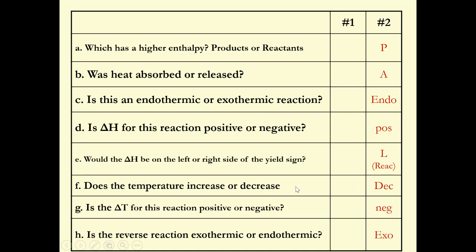If we are taking heat away from the environment and turning it into stored chemical energy, the temperature decreases. Is the delta T positive or negative? A low final temperature minus a higher initial temperature gives us a negative delta T. Again, note that delta H and delta T for any reaction are opposite in sign.